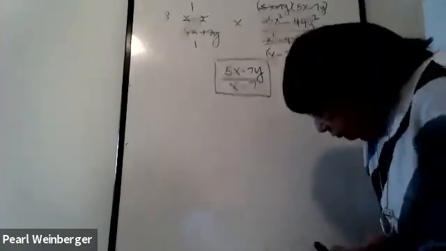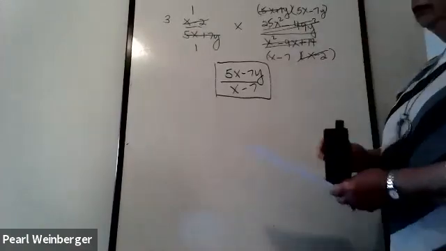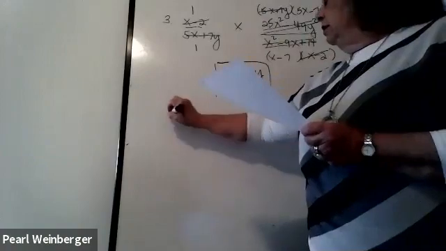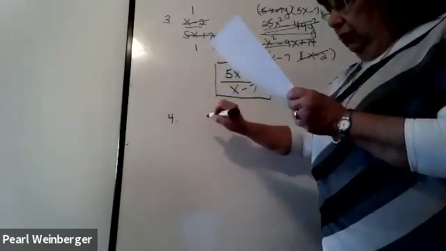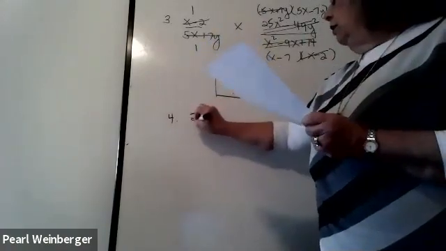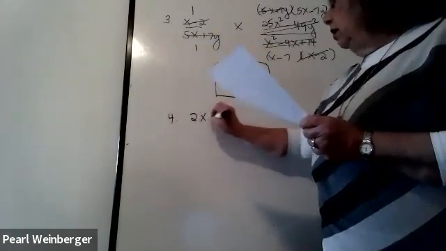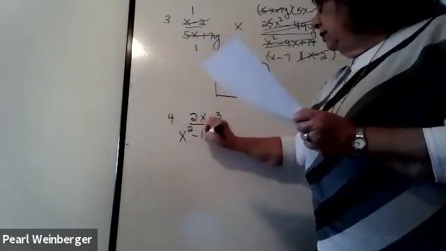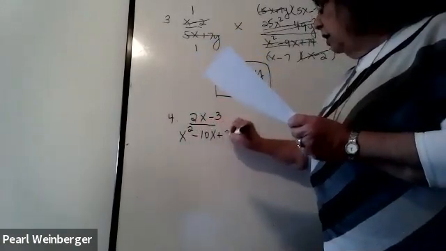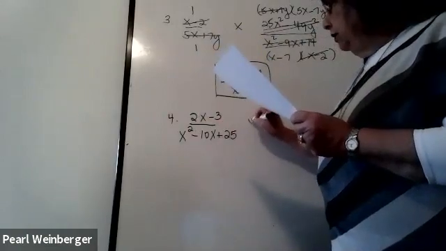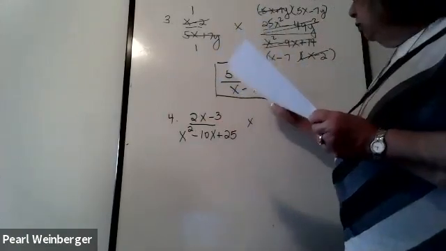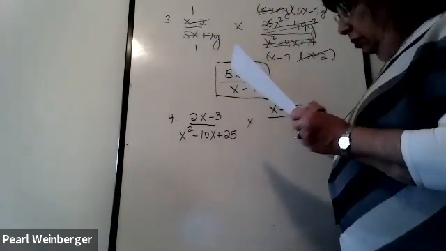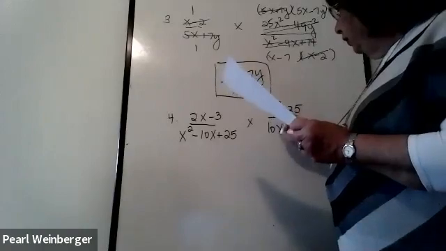Okay, let's see if we can do number 4. And again, it asks us to perform the given operation. And we have 2x minus 3 over x squared minus 10x plus 25, times x squared minus 25 over 10x minus 15.